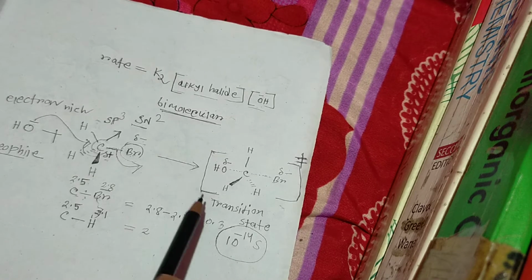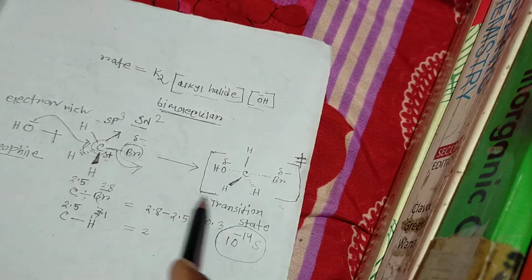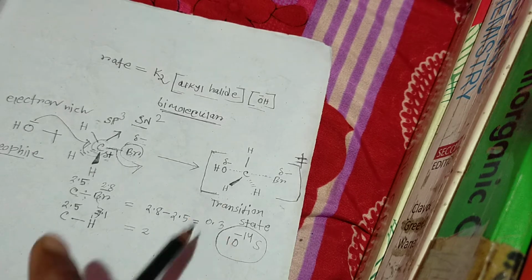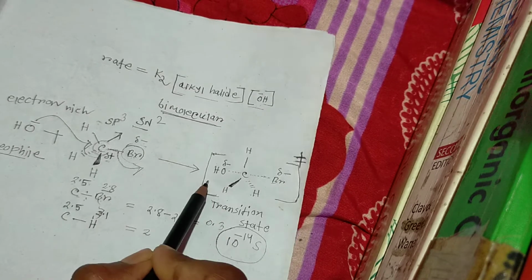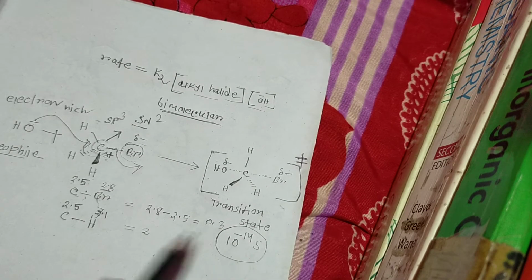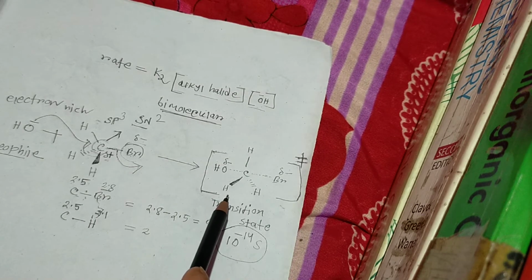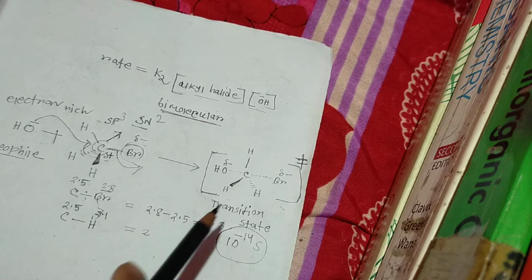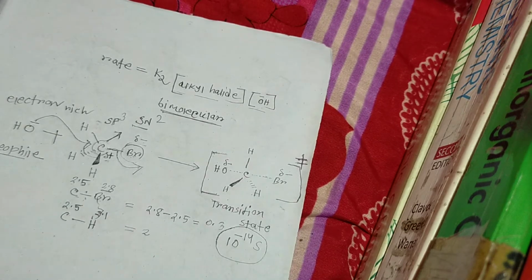This transition state can stay in this form only 10 to the power minus 14 seconds. Imagine how very short that is, which means it is a very unstable state.